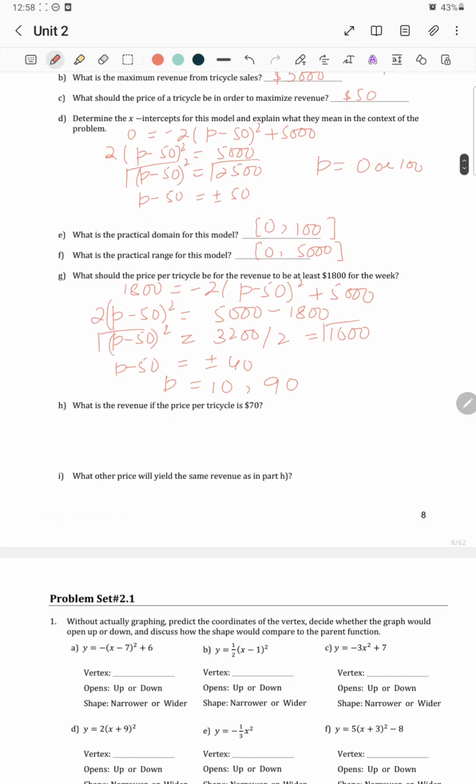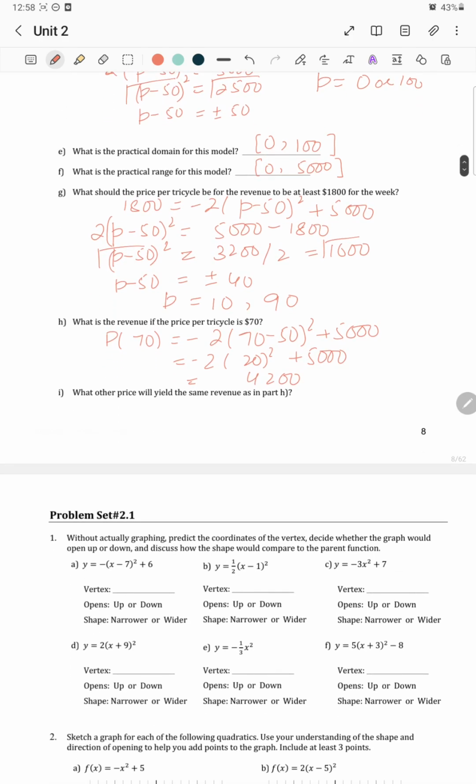What is the revenue if the price per tricycle is $70? So if we put R(70), it means minus 2(70 minus 50) whole square plus 5000, minus 2(20) whole square plus 5000, which is equal to 4200. What other price will yield the same revenue in part H?